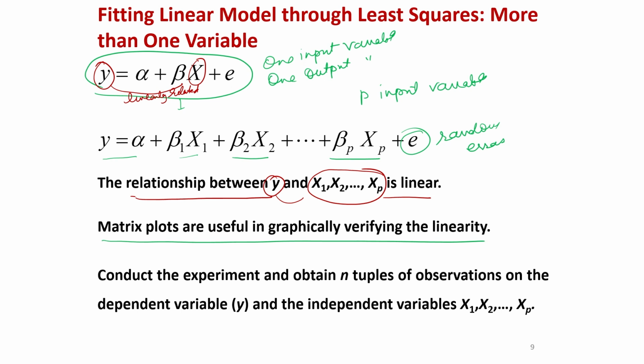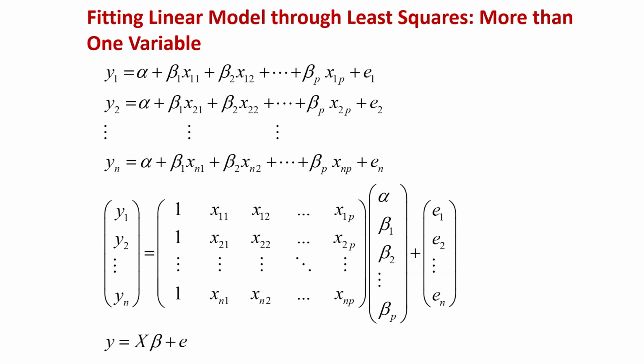So now what we try to do, we conduct an experiment and obtain n tuples of observations on the dependent or output variable y and the independent or input variables x1, x2, xp. The same way as we did in the case of the simple linear model, y equal to alpha plus beta x plus e. Suppose you have the same example, the yield of a crop, and you take quantity of fertilizer, irrigation, and temperature.